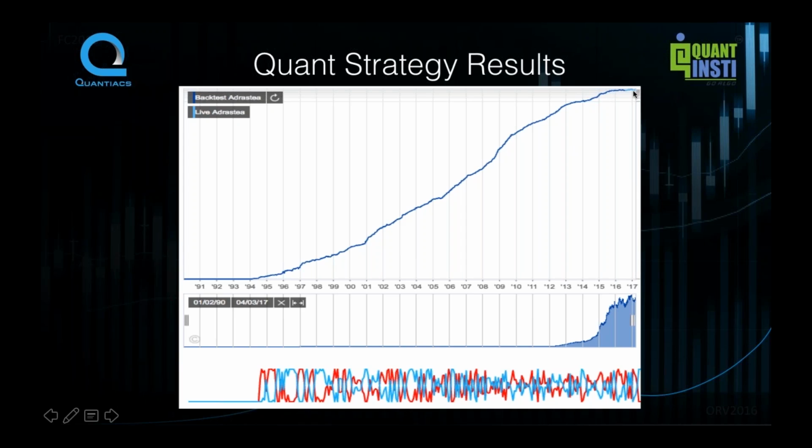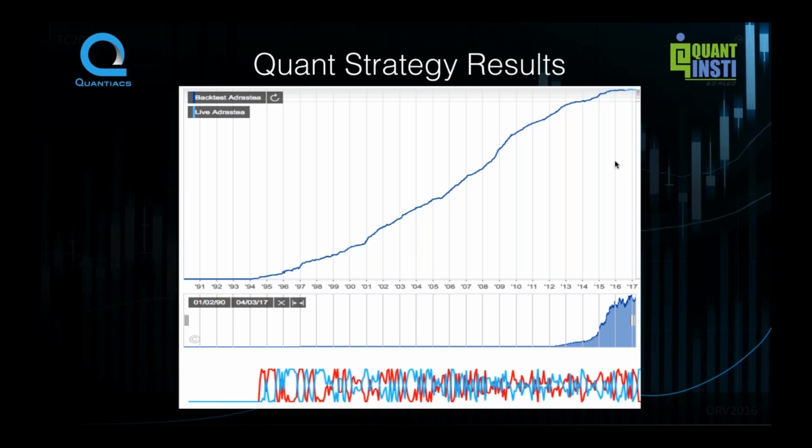This particular algorithm has done quite well on live data. So this problem clearly is solvable. My simple S&P 500 mini model did not work, but with the right effort, you can certainly apply these machine learning techniques and come up with very, very successful strategies.